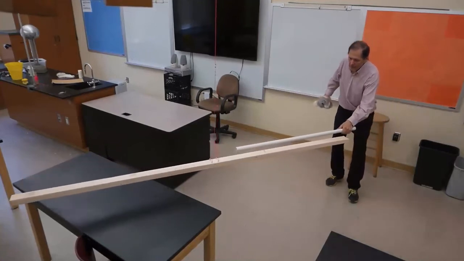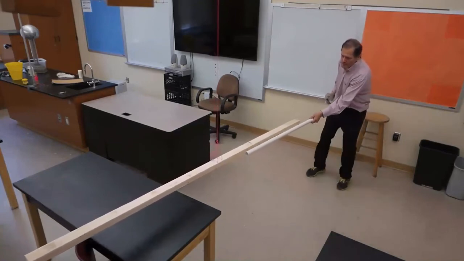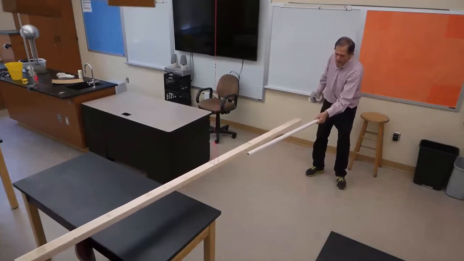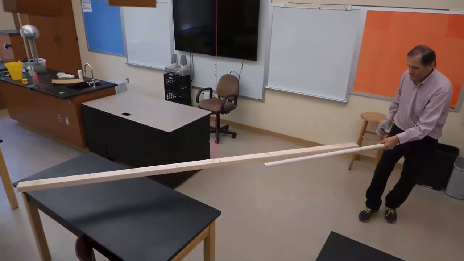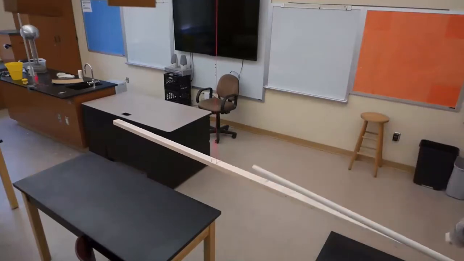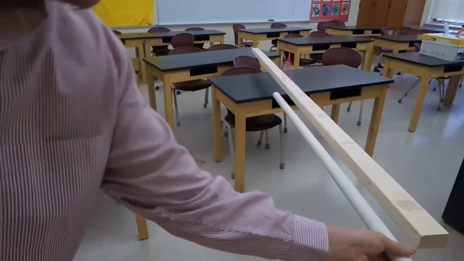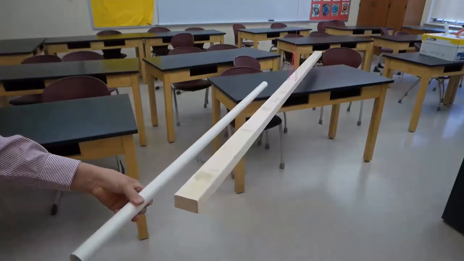Okay, there it goes. See if I can reverse directions. With induction charging, I don't have to touch the pipe to the wood. I just have to bring it near it.